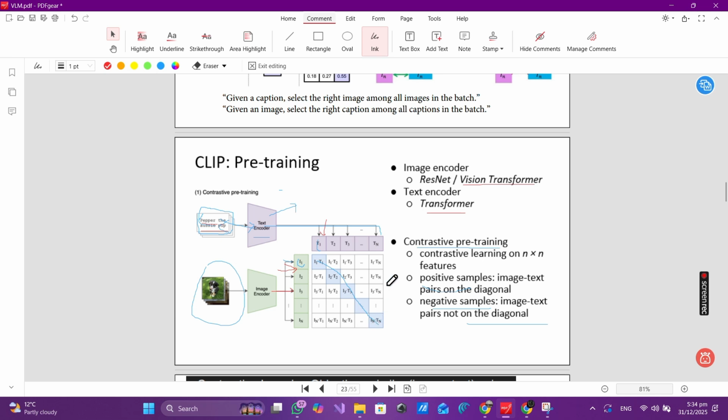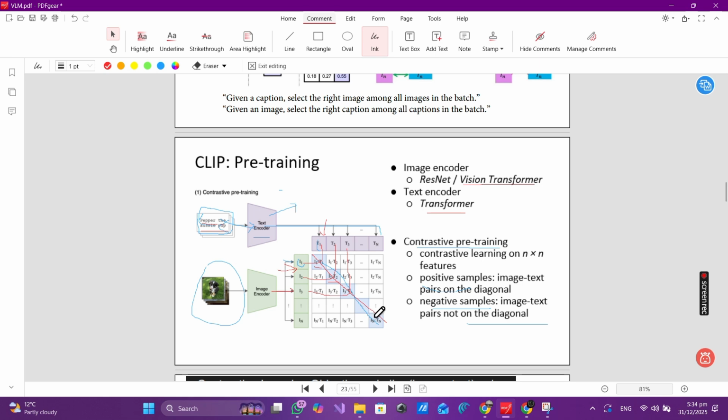So now we're going to learn what contrastive pre-training is. When we do this, we get a matrix: for image 1 there is text 1, for image 2 there is text 2, image 3 text 3. All the actual pairs are in the diagonal, right? So the labeling of image 1 and text 1 is in the diagonal. The right pairs are in the diagonals, okay?